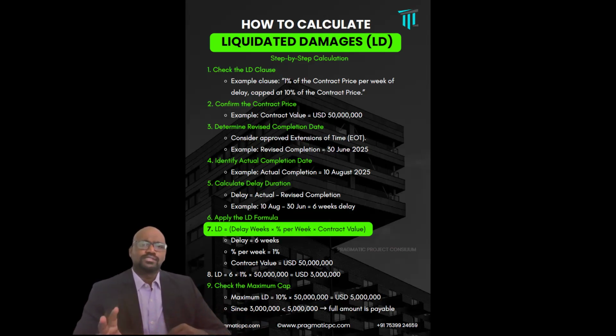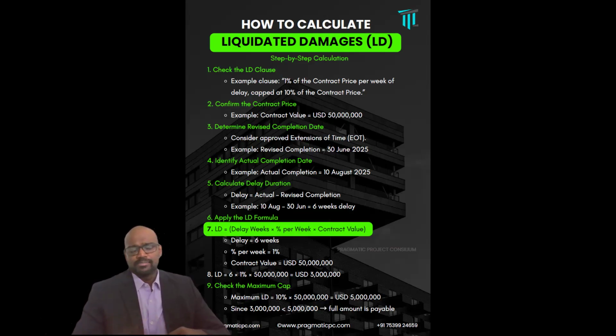So usually this clause will be in this way that if the contractor delays the project more than the accepted completion period, then there will be liquidated damages of 1% of the contract price for every week to a maximum of 10% of the contract value. So this 10%, which we call the maximum, is called the liquidated damages cap.